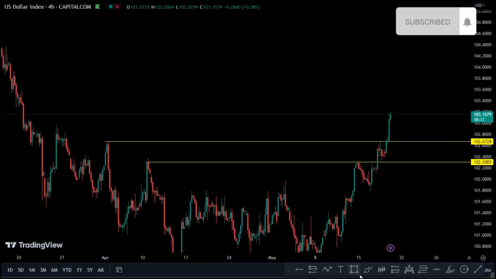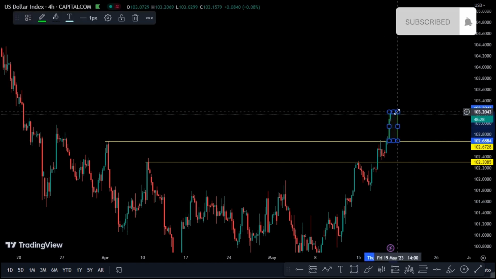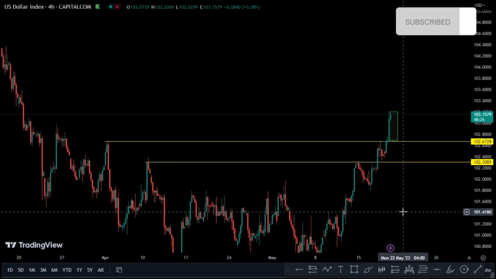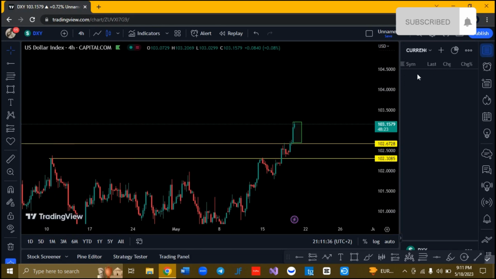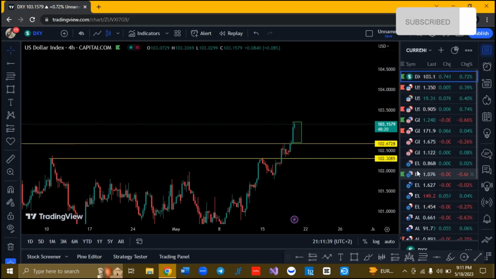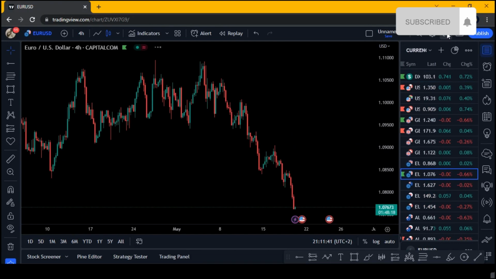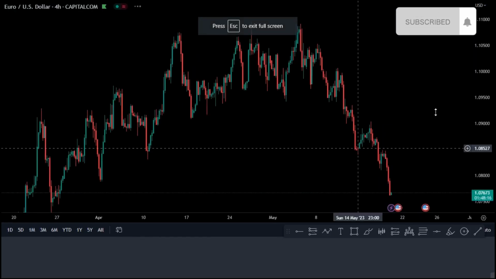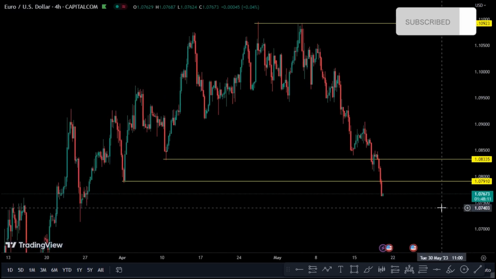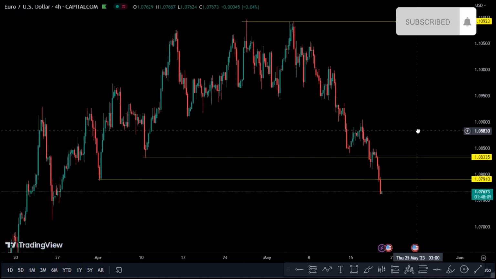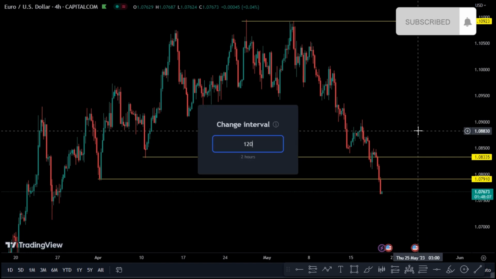So as soon as we saw this movement potentially forming, I went straight to Euro USD. For EU I'm not going to clear my chart, we're just going to use what is here to explain my trade.